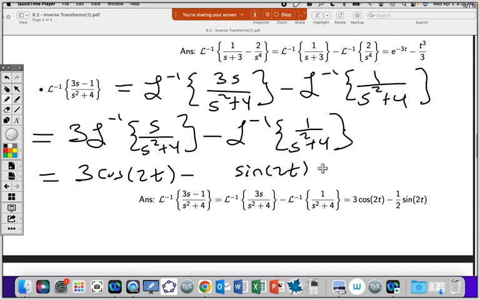But when you Laplace the sine of 2t, you'd have a factor of 2 in the numerator. We'd have to counteract that by putting a factor of a half. Do you get the gist of what's going on here? Do you see what's happening?